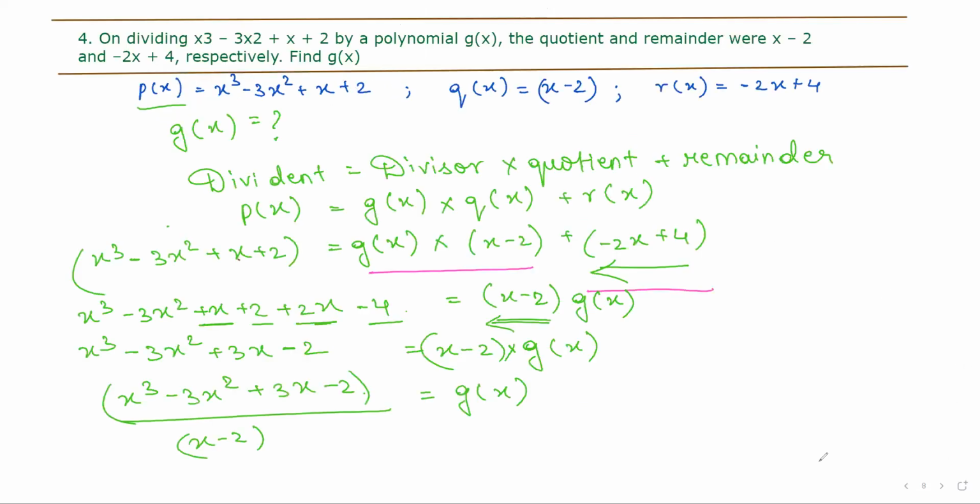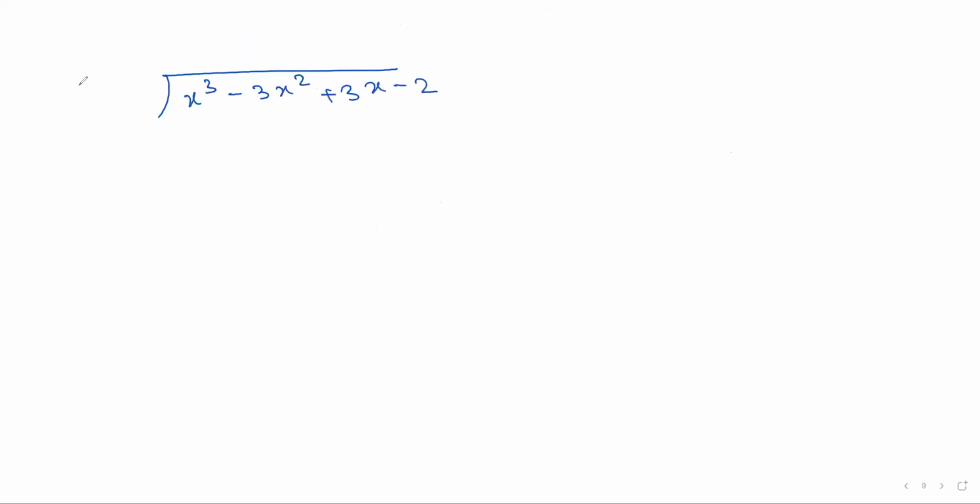P of x is x cube minus 3x square plus 3x minus 2. This is what we obtained with the last equation, last page. And you're dividing it by x minus 2.